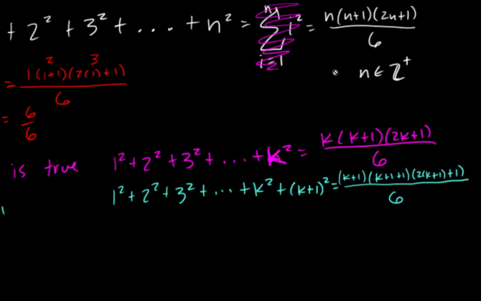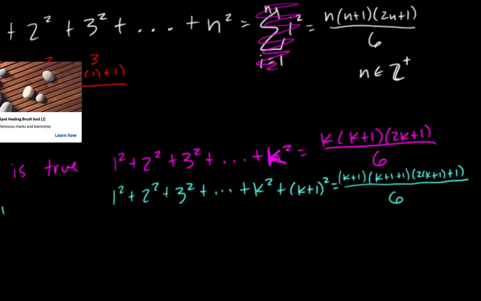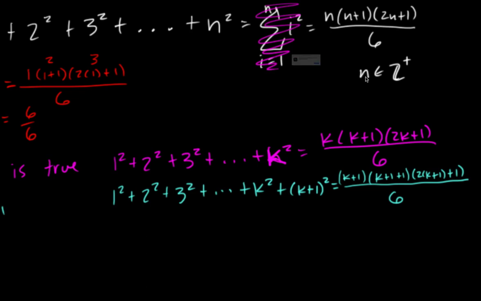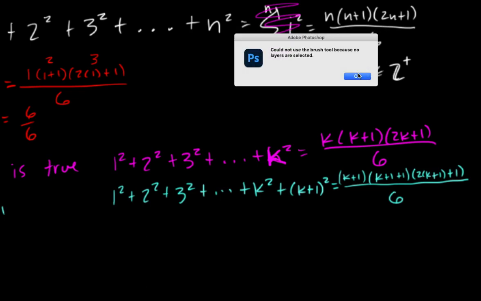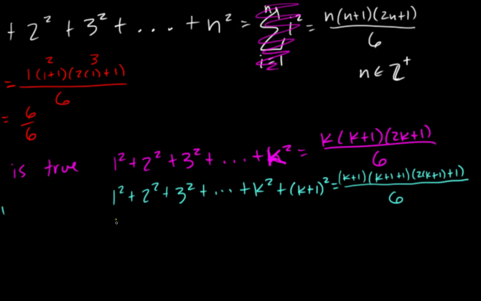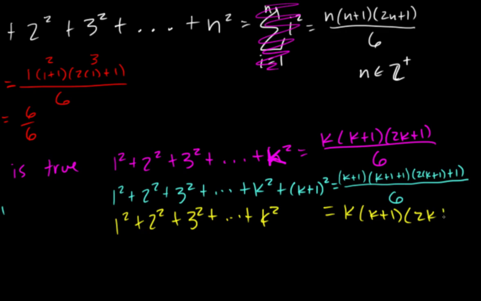So, 1 squared plus 2 squared plus 3 squared plus dot dot dot plus k squared is equal to k times (k plus 1) times (2k plus 1) over 6. Okay, so I'm going to subtract the yellow from the blue.